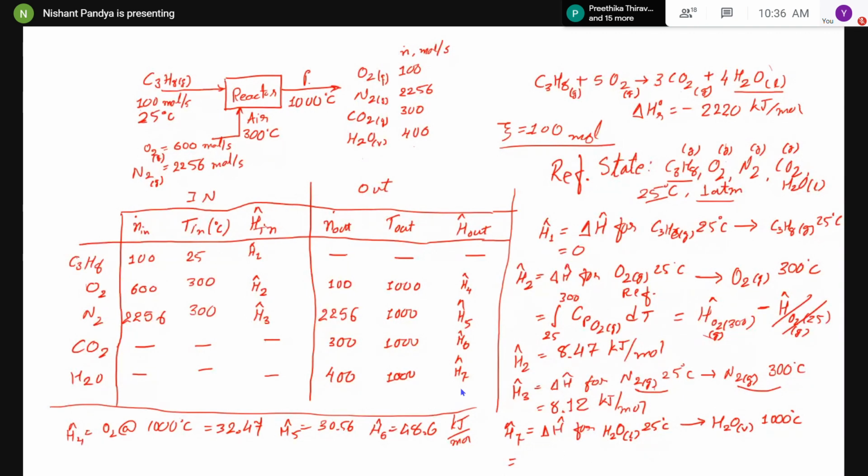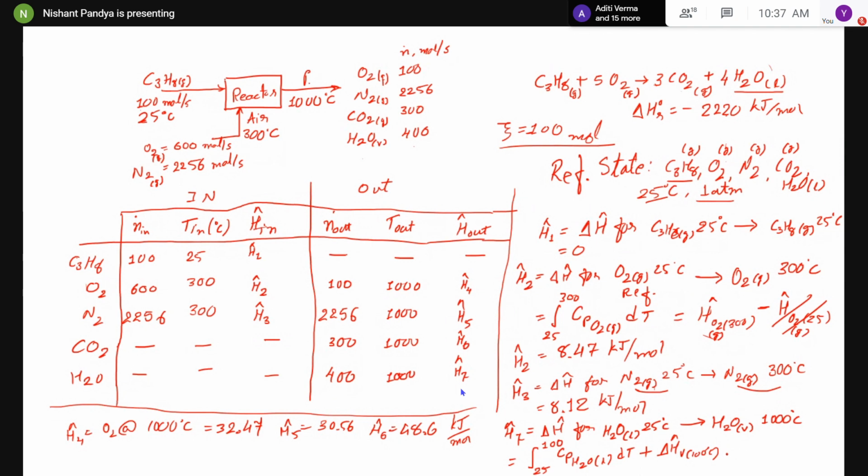So the first thing is, this is liquid. Always the first step is to bring this liquid from 25 degrees Celsius to boiling point. So Cp of H2O in liquid state: first the sensible heat change, plus convert this saturated liquid at 100 degrees Celsius using delta HV of water at 100 degrees Celsius, the enthalpy of vaporization.